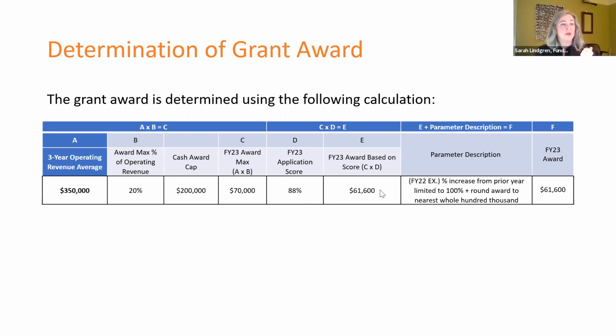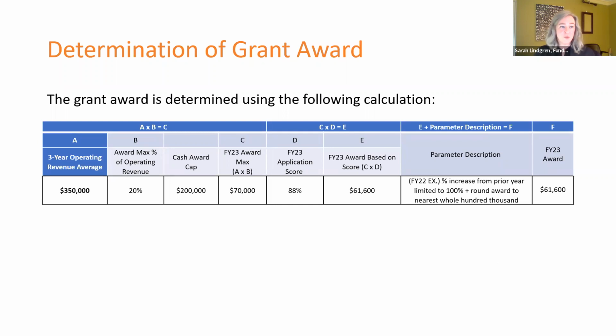Okay, so then the more complicated, unpredictable part is that it depends on how much money is in the pool for sustaining impact grants. And we know that varies from year to year. So for example, last year in fiscal year 22, this was how the committee decided how to award the grants. They looked at the percentage of increase from the prior year.